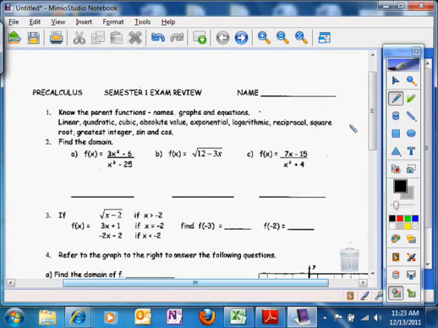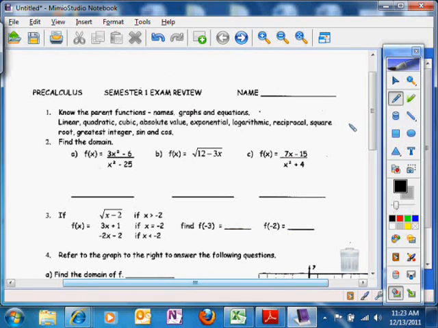Number two says find the domain. If you recall, when we discussed finding the domain of functions, we had basically three different types of functions. One type was just a polynomial function. If you have a polynomial function that's not a fraction or a radical or anything like that, then the domain is always going to be all real numbers.